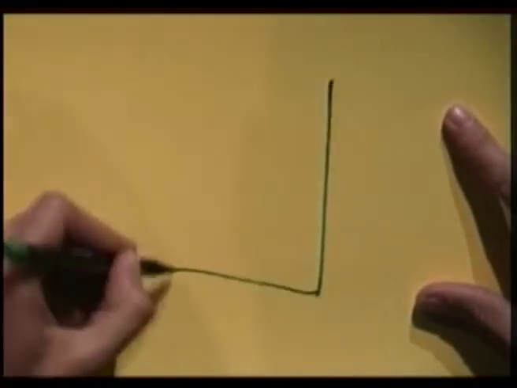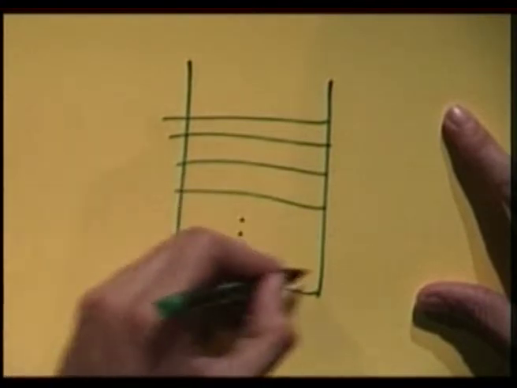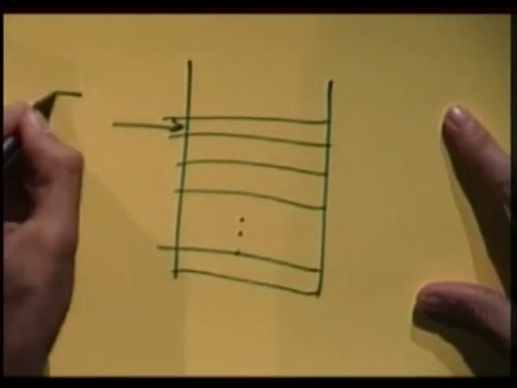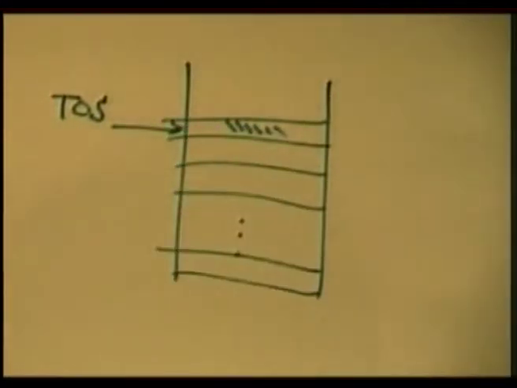Stack top, another function. In many applications, I don't want to physically remove the item. Here's my stack, and I already have some items inside it, and here's top of stack, pointing to the last entry. I could pop this as we have seen earlier. However, sometimes I don't want to pop it.